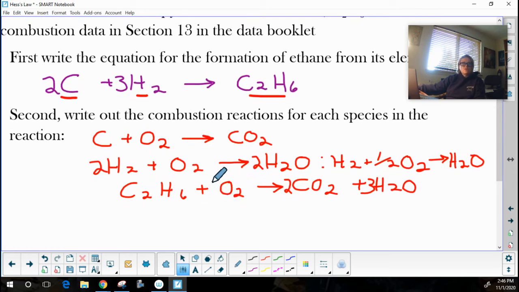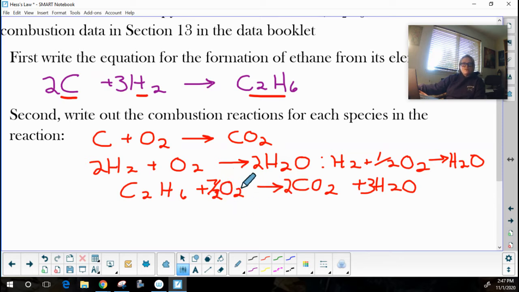So in order to make sure I still have 1 mole of the ethane, one trick I can do is, if I've got 7 oxygens, I'll have 3.5 or 7 halves O2 on the left-hand side.